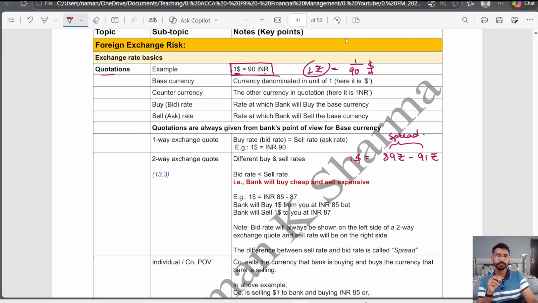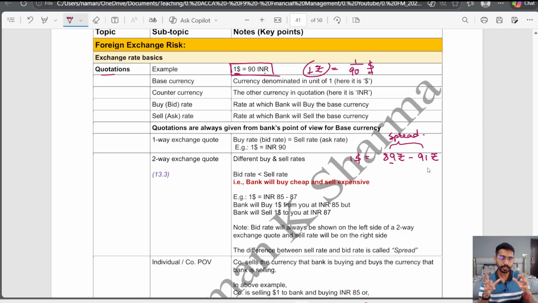Oftentimes students, when they are dealing with forward rate contracts, money market hedge, futures, get confused about which rate to pick up for a particular translation. They want to transfer from dollar to pound or pound to dollar or dollar to yen, yen to pound. Either way, they get confused about which of the two rates to use. They remember, okay, bank buys low, bank sells high.